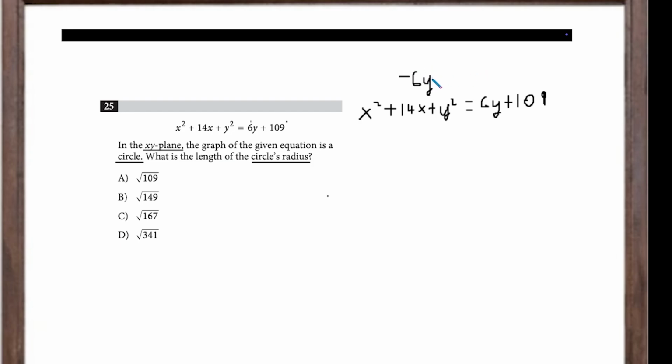So we're going to subtract 6y from both sides because we want to make this the equation of a circle. So we're going to have x squared plus 14x plus y squared minus 6y is equal to 109.